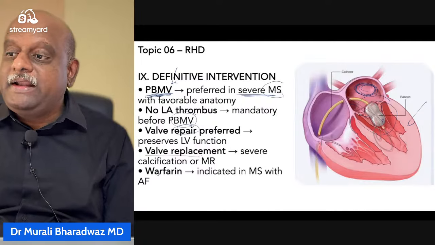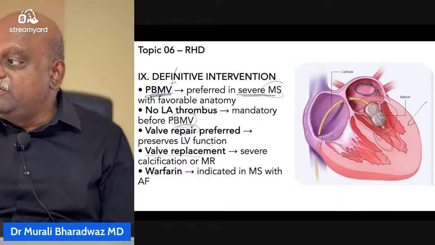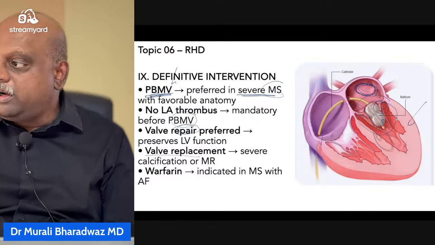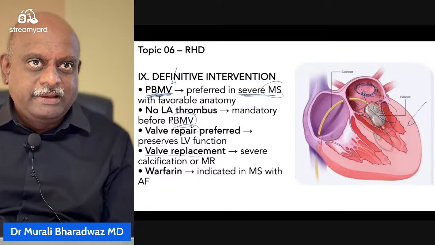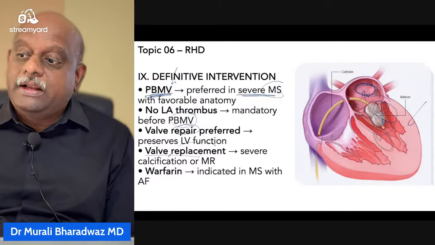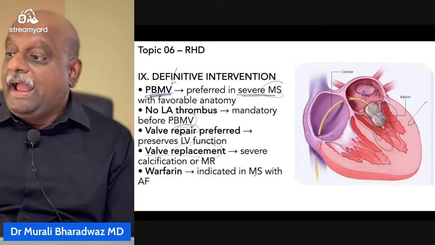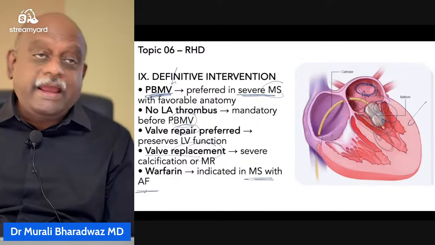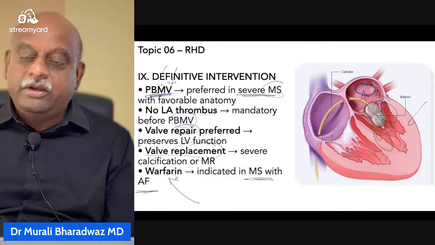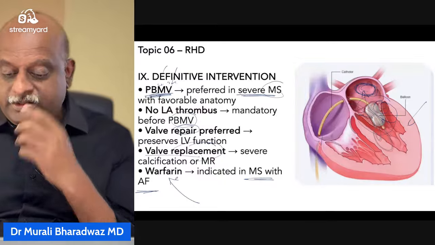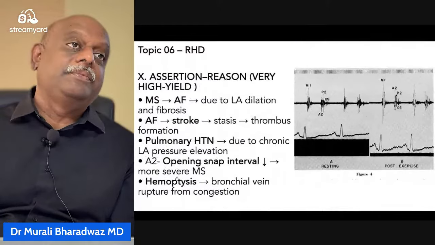And replacement is required if there is any severe calcification, or if MR also starts along with MS, then you will do replacement. And if the MS has AF, don't do PBMV, but you try to give warfarin, which is considered to be the management.